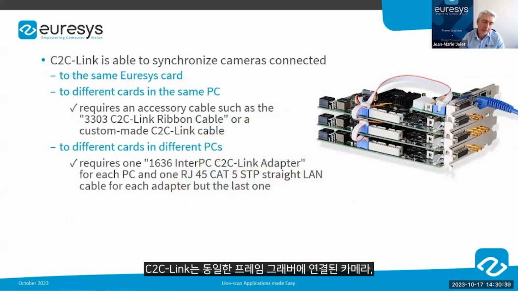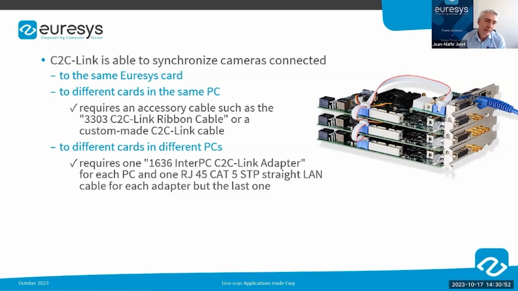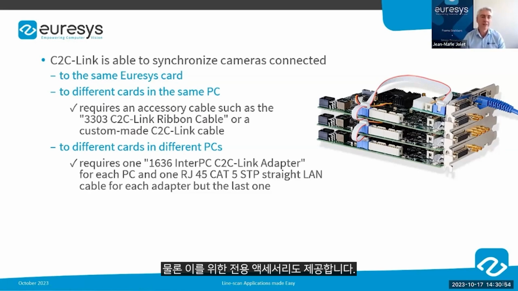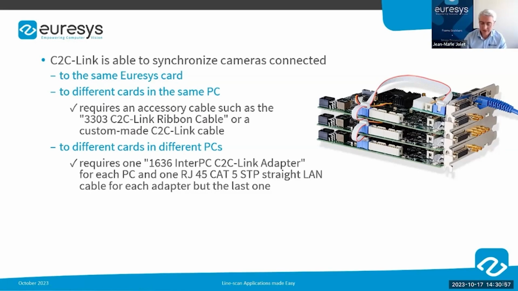C2C link is able to accurately synchronize cameras that are connected to the same frame grabber, or to different frame grabbers in the same PC, or even to different frame grabbers plugged in different PCs. Of course, we provide dedicated accessories to achieve this task.